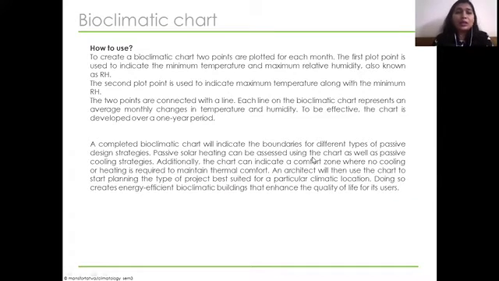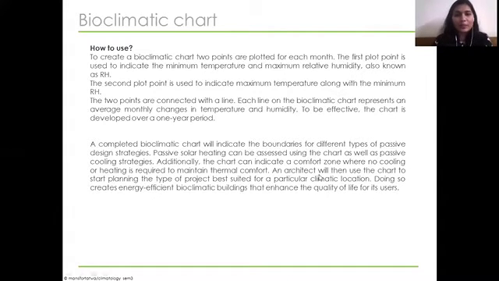Yeah, a completed bioclimatic chart will indicate the boundaries for different types of passive design strategies. Passive solar heating can be assessed using the chart as well as passive cooling strategies. Passive heating strategies. This should be heating. Additionally, the chart can indicate a comfort zone where no cooling or heating is required.